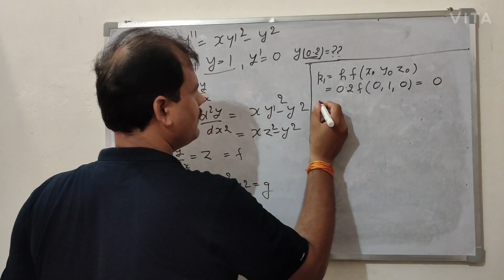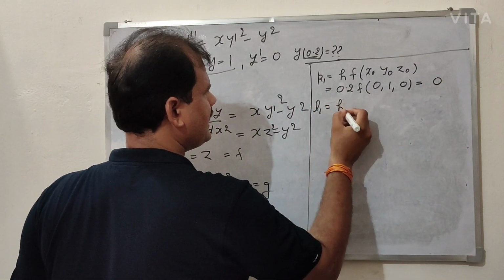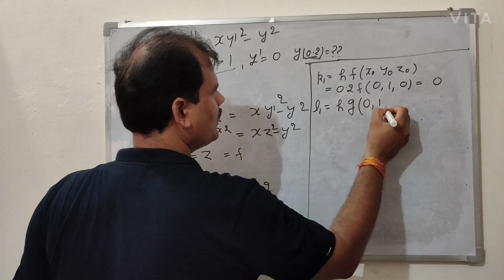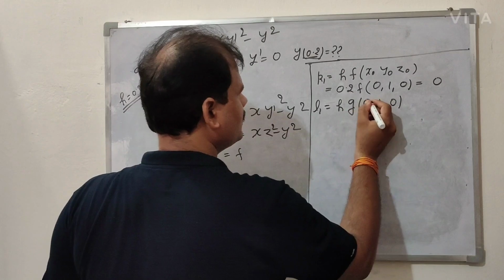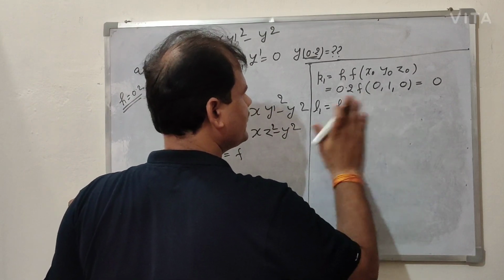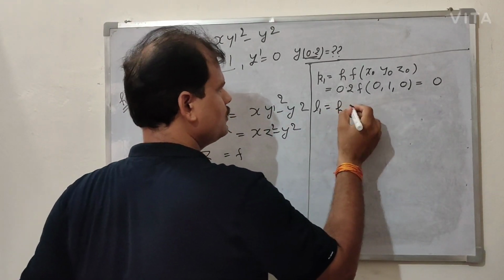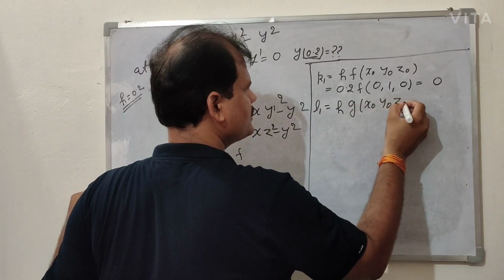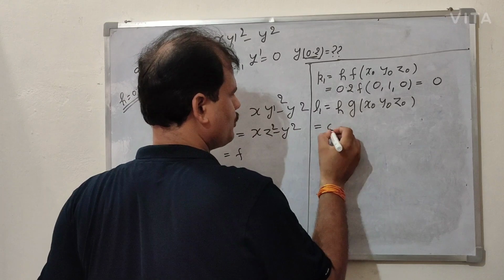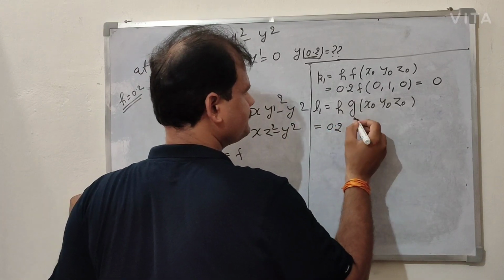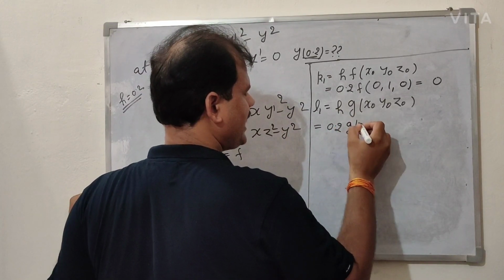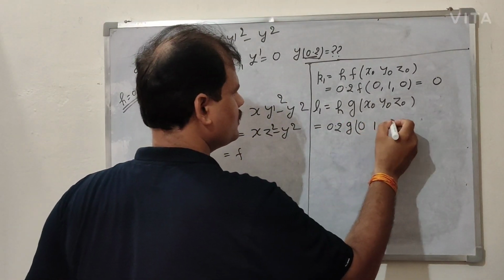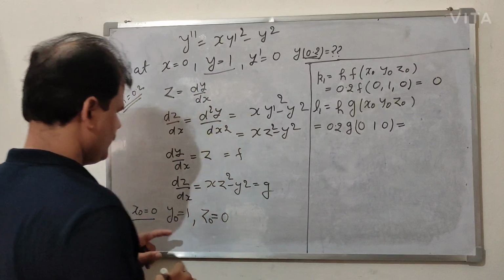Find L1. L1 equal to h g of 0, 1, 0, or we can write h into g of x0, y0, z0. So h equal to 0.2 and g of x0 equal to 0, y0 equal to 1, z0 equal to 0.